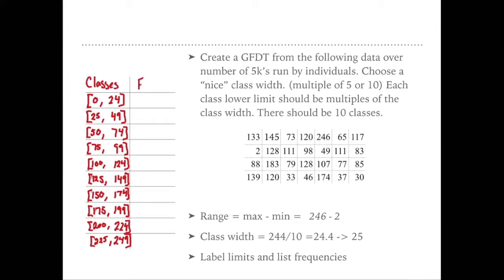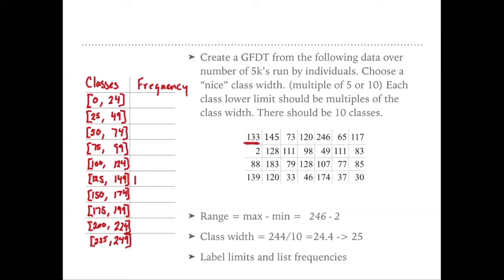And then we would want to go through and list the frequency for each class. There's a few different ways you can go about it. You can go through your list number by number and say, oh, where is 133? 133 would be in this class, and then you'd mark it off your list.